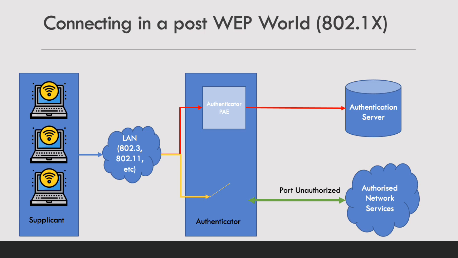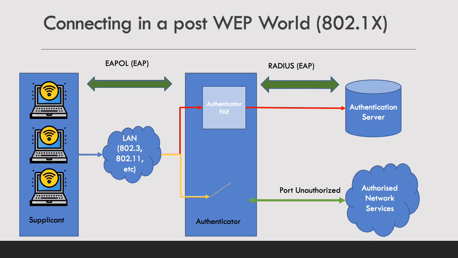We also have the concept of a controlled port, shown in red, and an uncontrolled port, shown in yellow. The uncontrolled port only allows access for EAP traffic used to authenticate the supplicant. The controlled port doesn't activate until a successful EAP authentication has occurred.